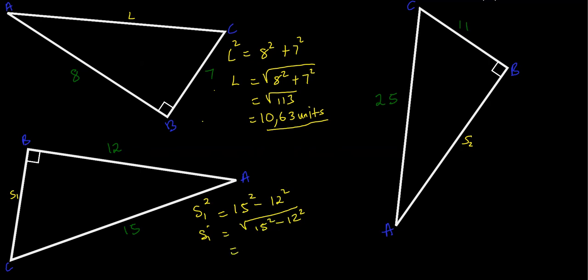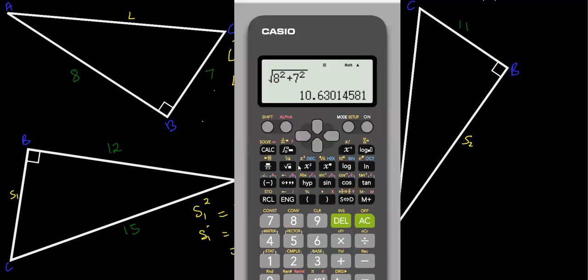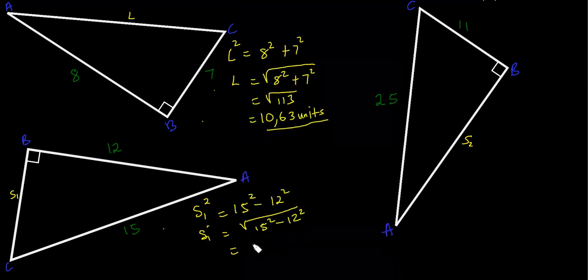Then when you root that, what do we get? 15 squared minus 12 squared, we get 9. So what we are getting there is exactly 9 units.